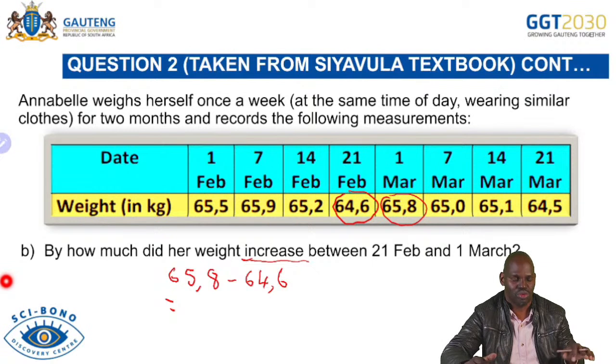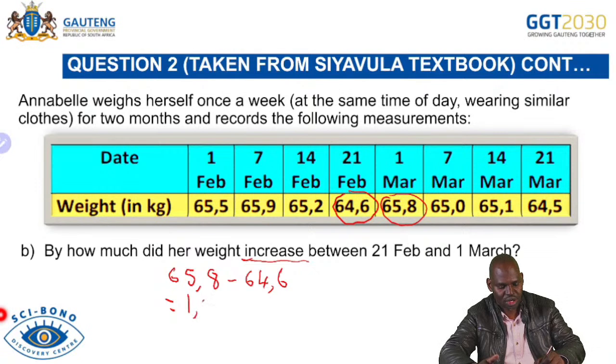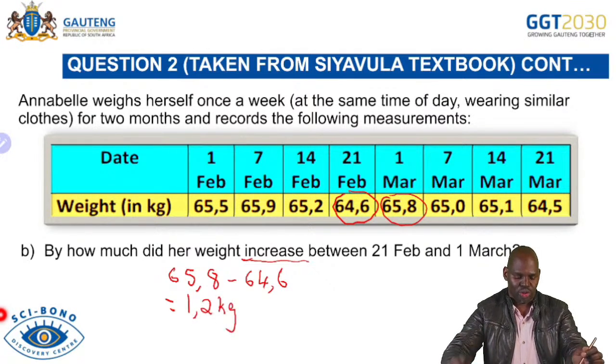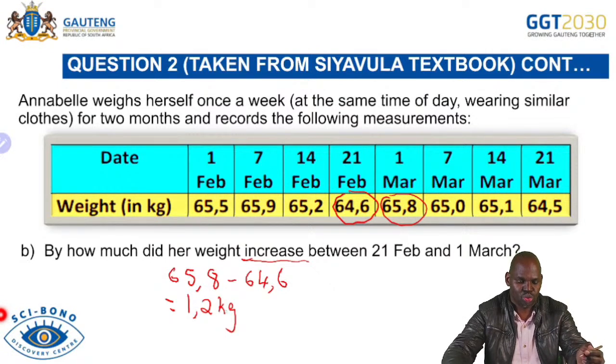So if you take your calculator, 65.8 minus 64.6, then we get 1.2 kilograms. So remember, when you do the subtraction, you can just subtract the values, and then the answer must have a unit. So that is the answer for question 2B.